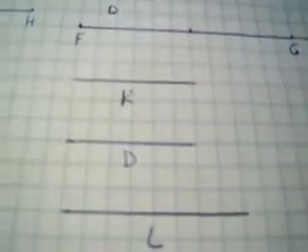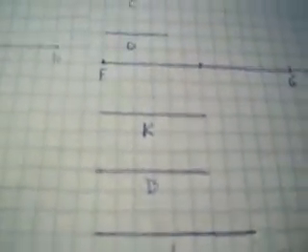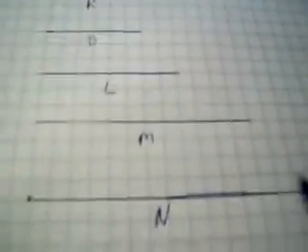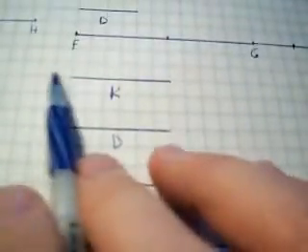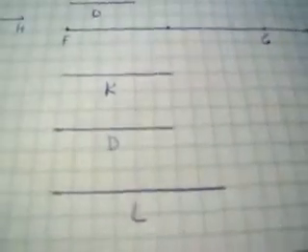GH would be the length right here, 1.5, AE would also be 1.5, FG will be 3, the length of FG is 3 inches, L is 2, M is 3, N is 4, and K is 1.5. This is 1.5 inches long right here.